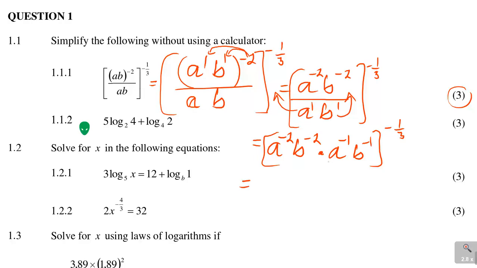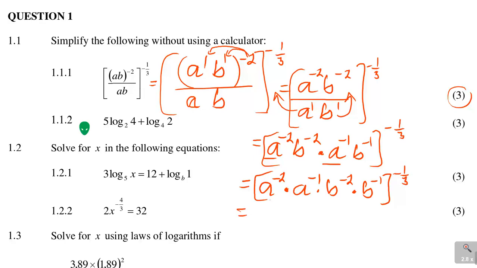Now same bases, remember you add the exponents. So you've got a to the power -2 times a to the power -1, b to the power -2 times b to the power -1, all to the power -1 over 3.